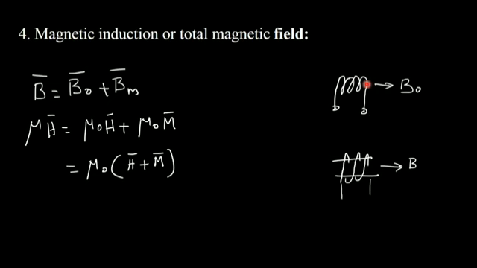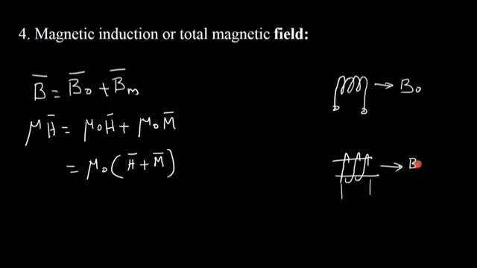The last one, magnetic induction or total magnetic field. When a substance like a soft iron bar is placed in a uniform magnetizing field, it becomes a magnet, which means that the substance gets magnetized. So the magnetic induction, the total magnetic field inside the specimen B vector, is equal to the sum of the magnetic field B naught vector produced in vacuum due to the magnetizing field and the magnetic field B m vector due to induced magnetization of the substance.